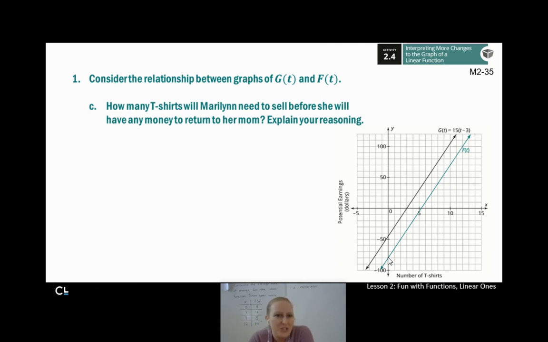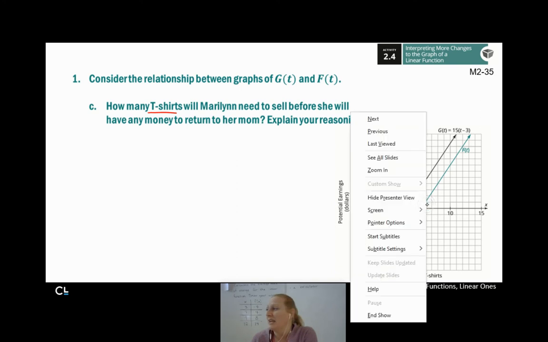So how many t-shirts will Marilyn need to sell before she'll have any money to return to her mom? Hit pause, take a look at the graph, write it down, hit play to keep going. So check it out. My x-intercept has now changed as well, in addition to my y-intercept, which is now down here. If she sells 5 t-shirts, that's not enough.